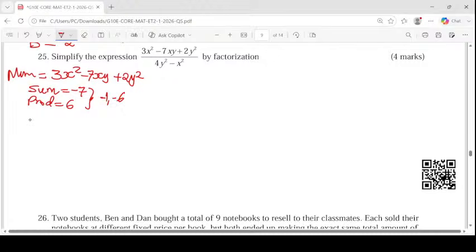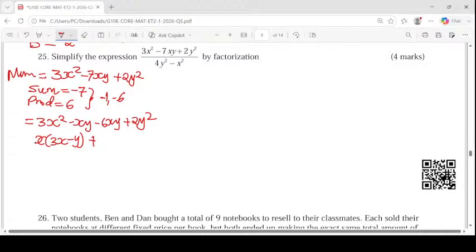So this will be now 3x squared minus xy minus 6xy plus 2y squared. When you pair them into twos, this will be x into 3x minus y, and this will be now, will it be plus or minus?